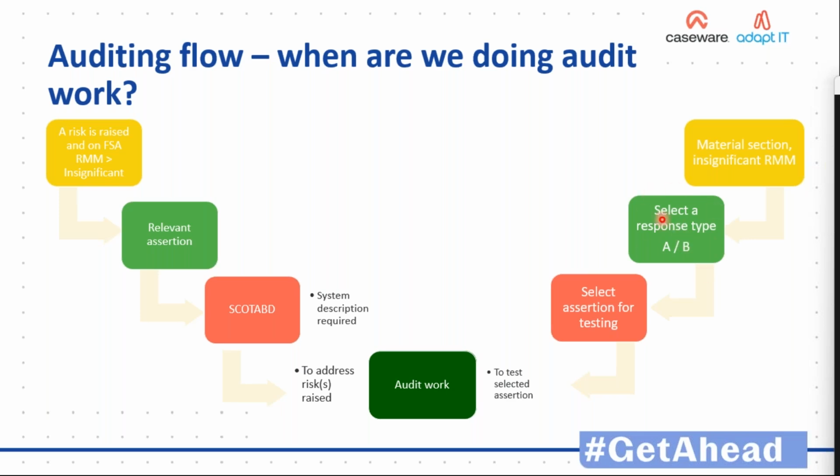That's where professional judgment comes in, deciding which assertion to choose if there is the slightest risk, if we think we would have to address a risk. So by selecting the assertion, the procedures will be inserted in your audit work program.